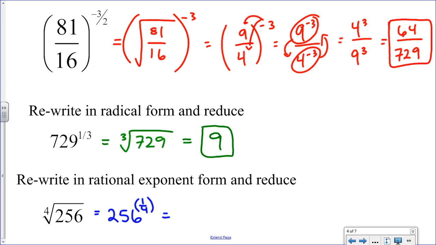Okay, so what is the fourth root of 256? 4. Okay. Questions about this? Right, I'll get some more examples.